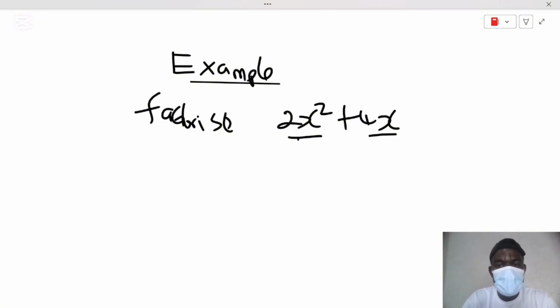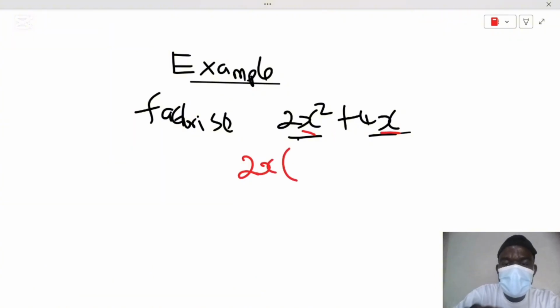Now let us look at the letters: x squared, and here we also have x. That means x can go into both. So the common factor is 2x, and then you put a bracket.